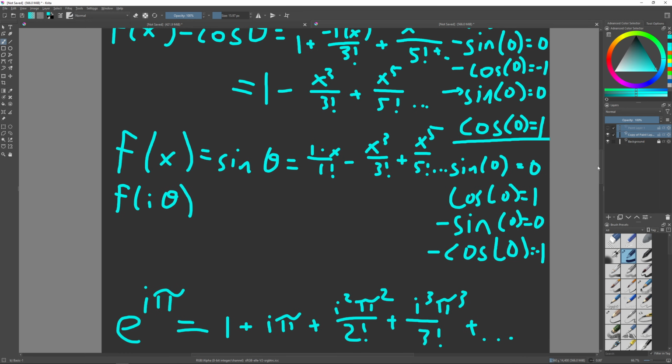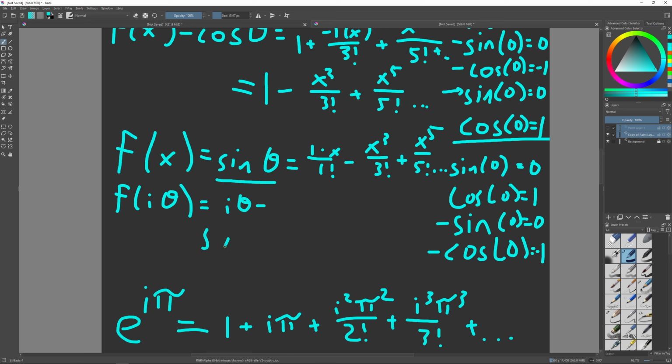I'm a little confused. I'm making a guess that I'm going to plug in I pi here and see what happens to the sine function here. Or rather I theta. So I theta, and with the minus here, I know what we're going to get.